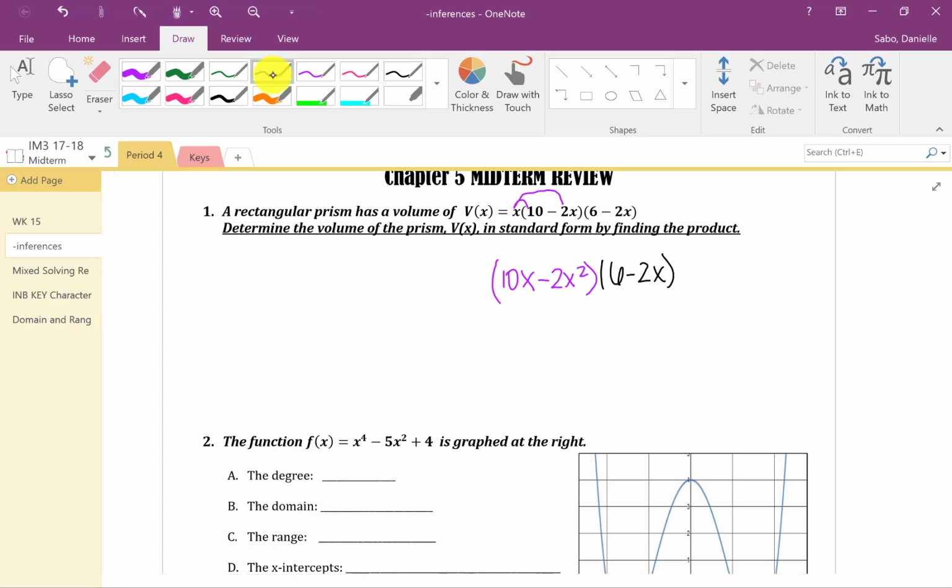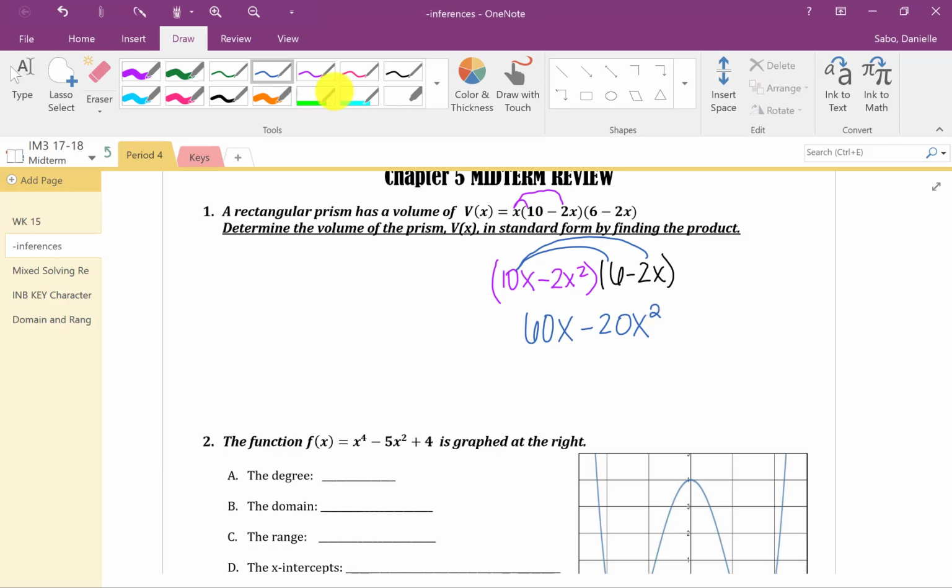Remember, first, outer, inner, last. That was that claw. So 10x times 6, 60x. 10x times negative 2 gets me negative 20x squared. Okay, so that was the first part. You want to take each part of that purple parentheses, the 10x and the negative 2x squared, and multiply it to both of the ones that are in black.